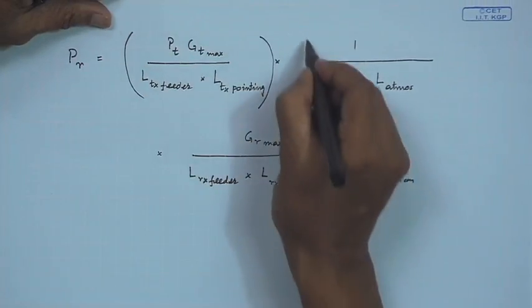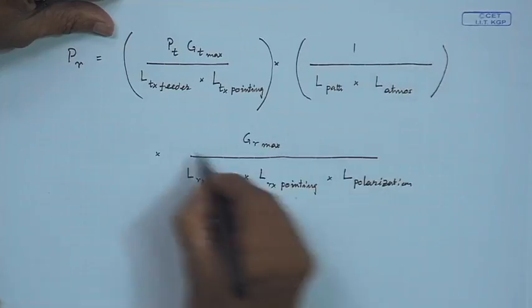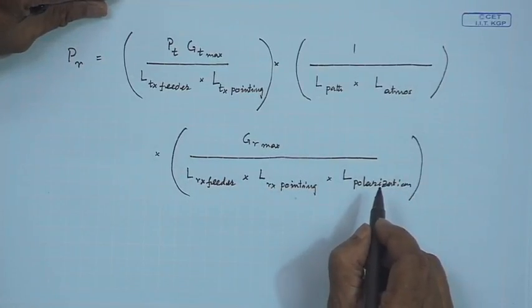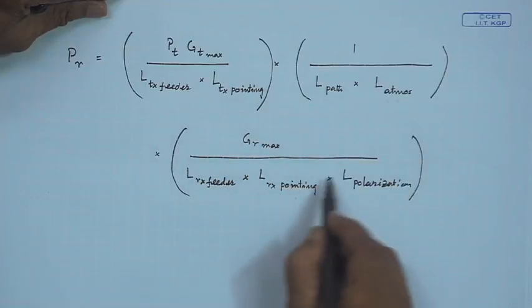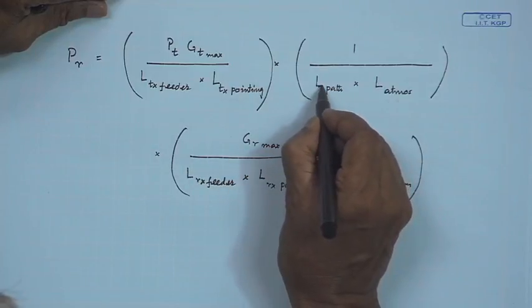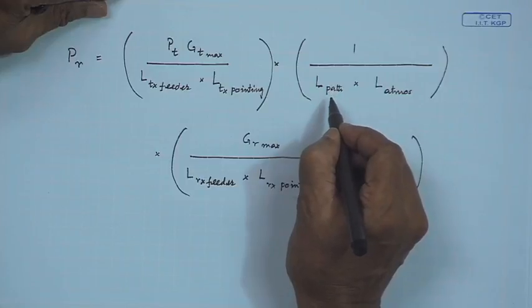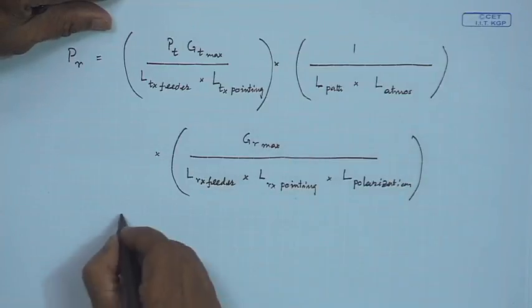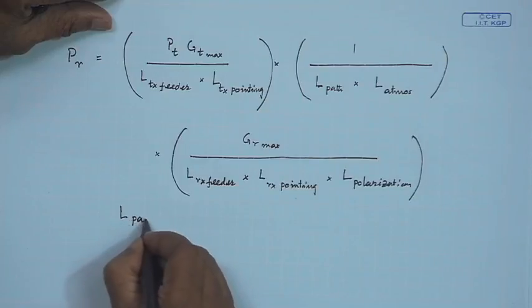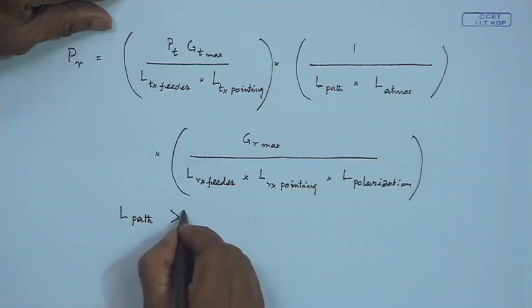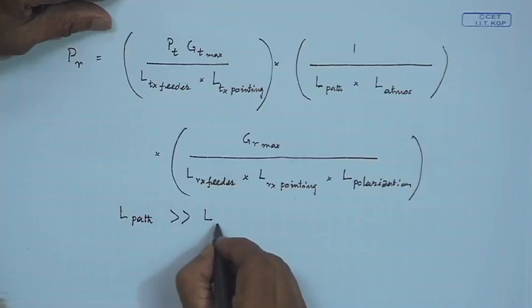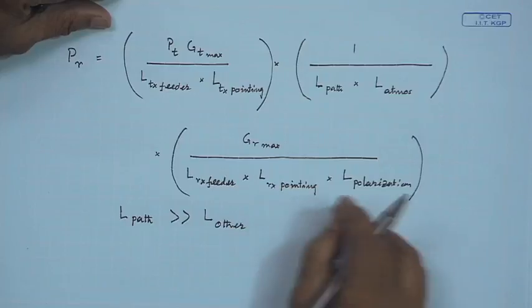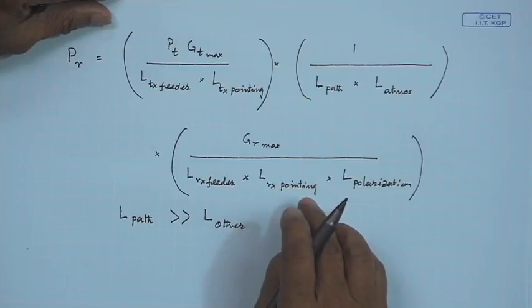This is the transmit side, this is the medium, this is the receive side. Now, in all these losses, we know that the path distance is quite large. So, path loss is much more than all other losses put together. These are much smaller comparatively.